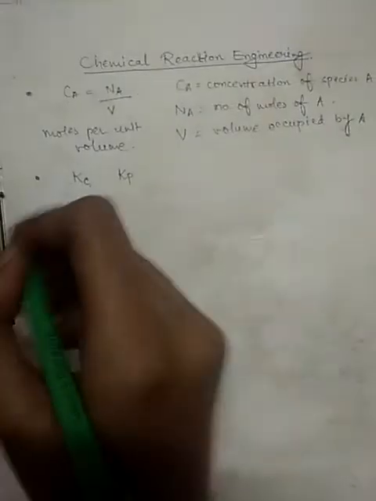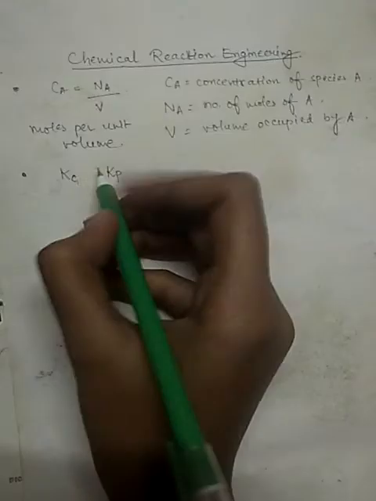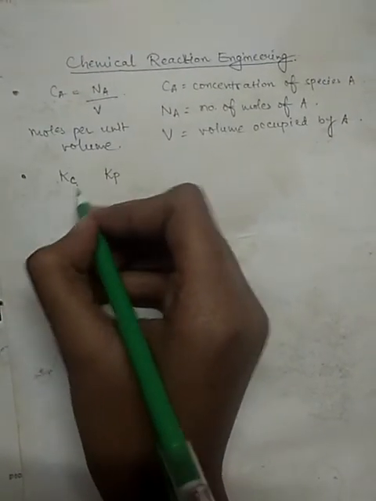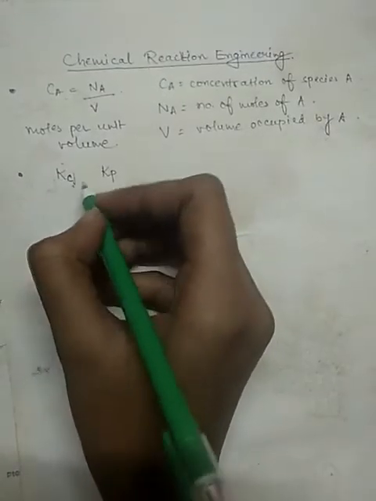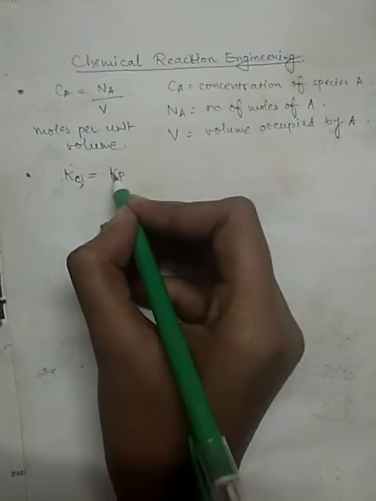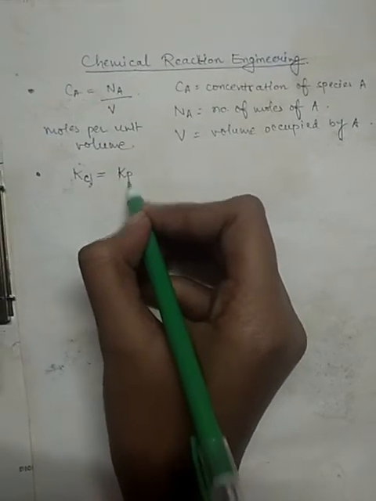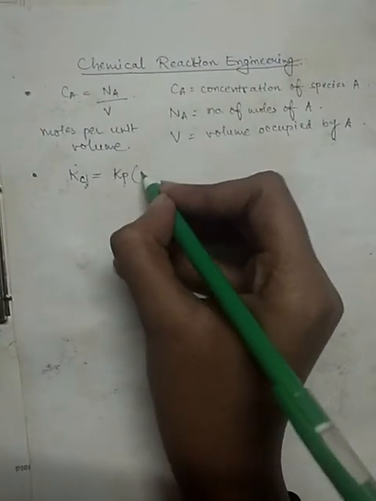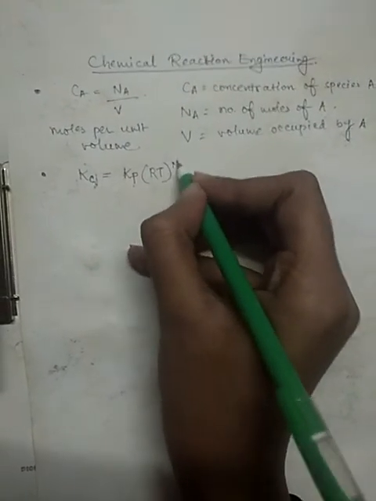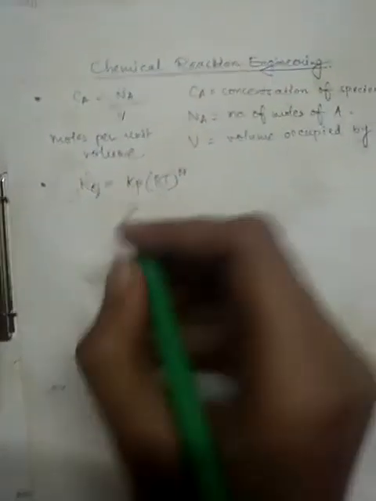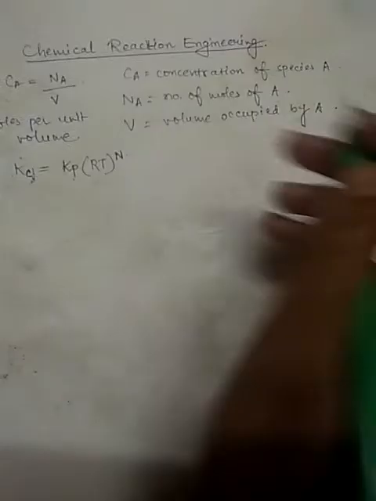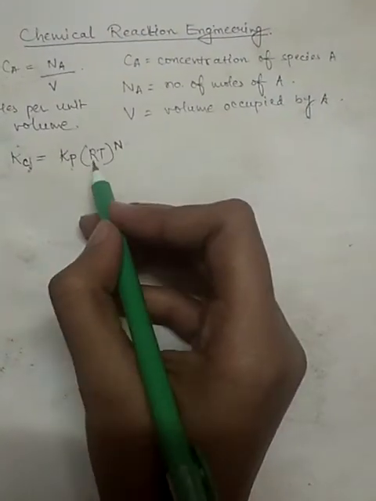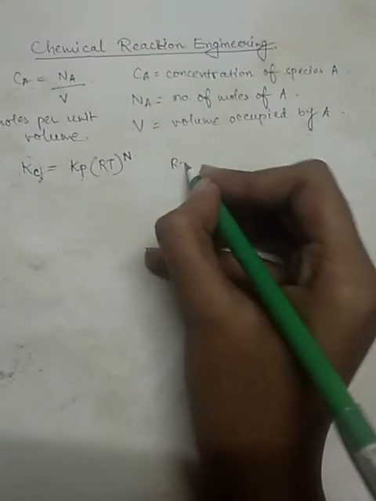So Kc, the equilibrium constant for concentration, equals Kp, the equilibrium constant for partial pressure, multiplied by RT to the power capital N, where capital N is the total number of moles of the reaction species and R is my universal gas constant, of course.